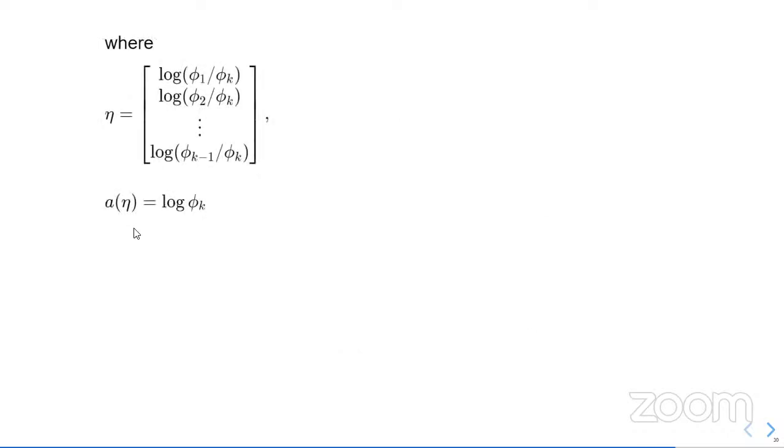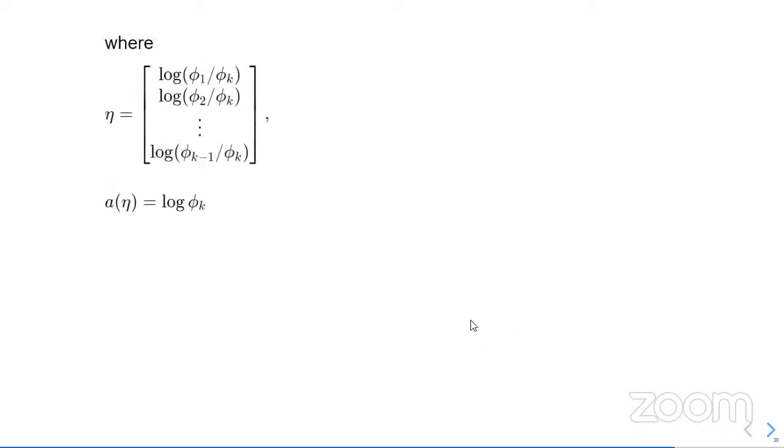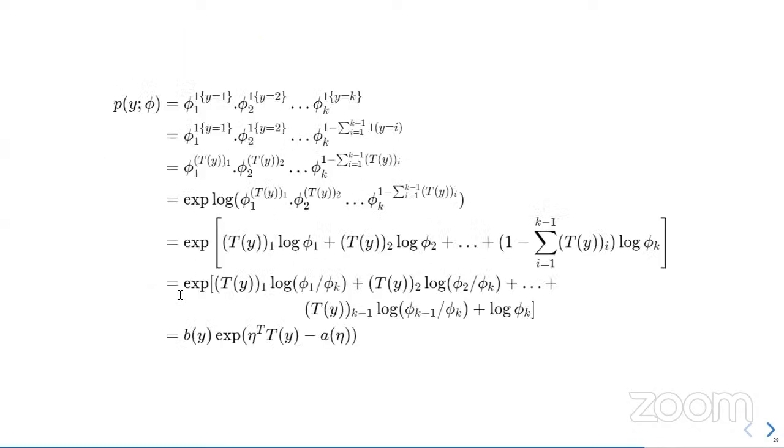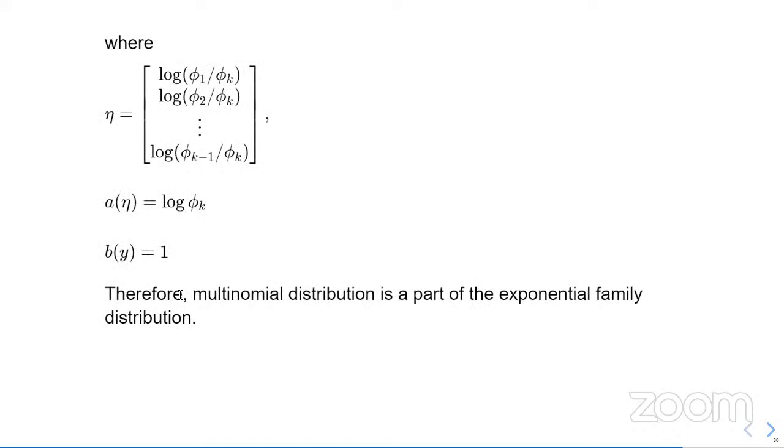So a of eta becomes minus or plus? It should be minus, right? So a of eta becomes minus log of phi k here, and b of y is constant. So we have the nice form here, and from there we can say that the multinomial distribution comes from the exponential family.